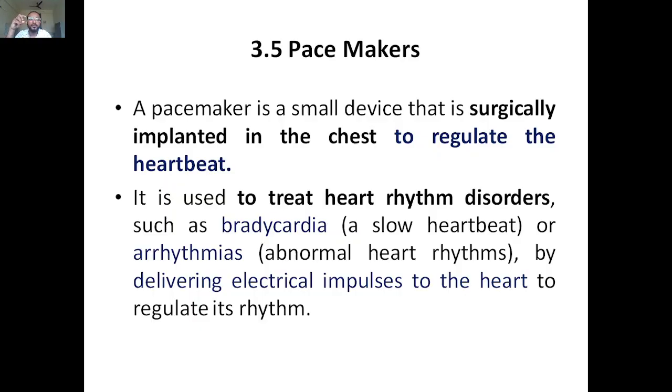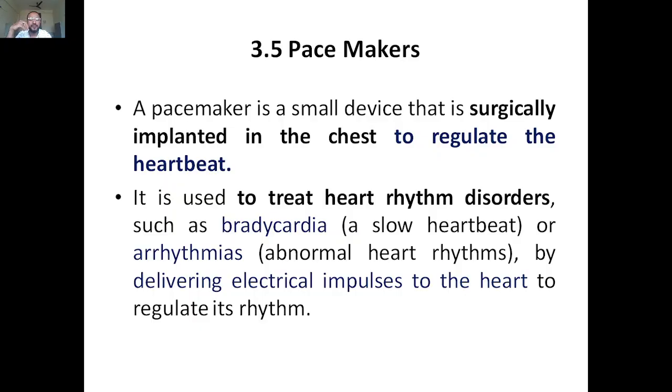This pacemaker is a very small device that is surgically implanted in the chest. You open up the chest and implant this device inside the chest to regulate the heartbeat. The purpose of the pacemaker is to regulate the heartbeat and make sure that irregular heartbeats are overcome, so we can change irregular heartbeats to normal heartbeats.